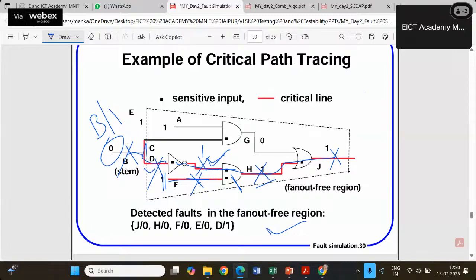This is an OR gate, I'll keep the non-controlling value 0 for this. And likewise, I try to propagate this fault at the output. In this journey, whatever number of lines or gates I have, those are critical. The set of all these is the critical path.